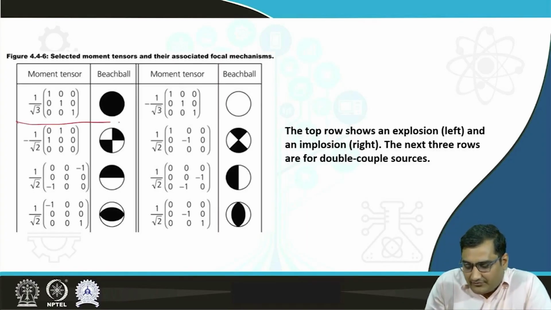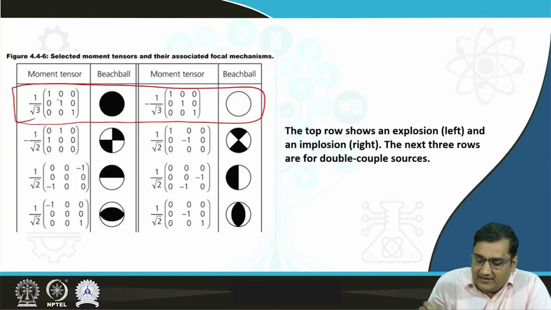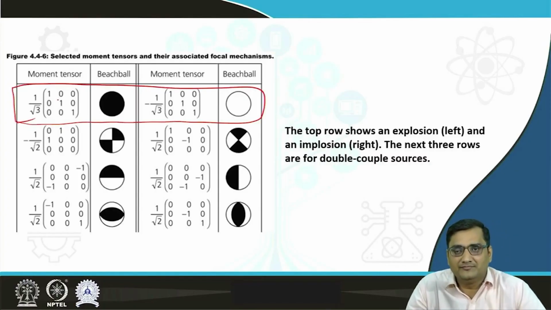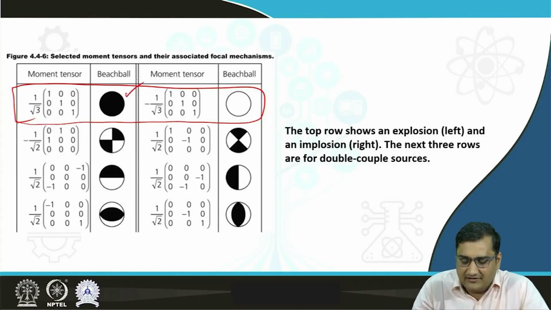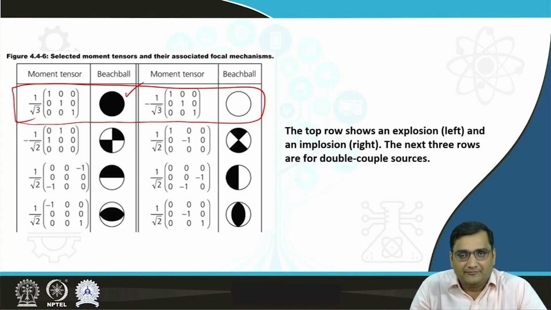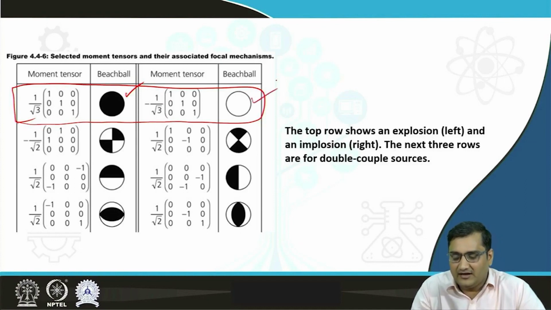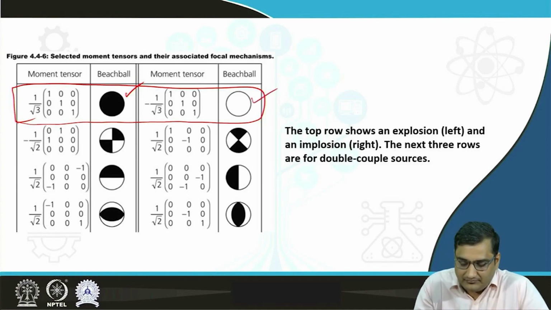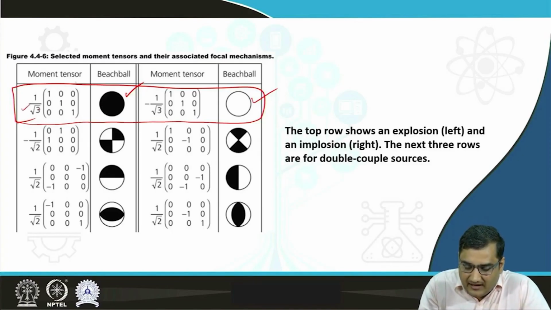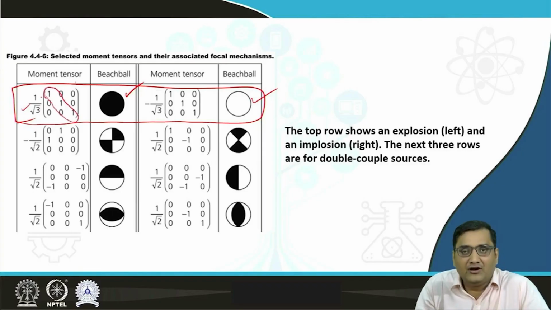If you look at some of the selected moment tensors and their associated focal mechanisms, the first row is representing the explosion and the implosion. The left one is representing the explosion, and the other one is representing the implosion. In the case of explosion, this is the moment tensor, and the diagonal elements are all positive, equal and non-zero. So these are for the isotropic source, and this is also for the isotropic source in the case of implosion.